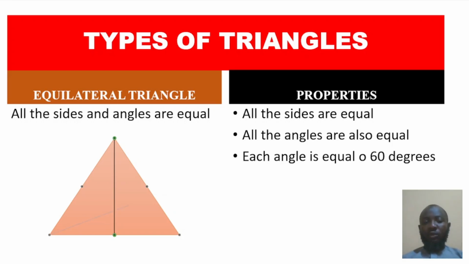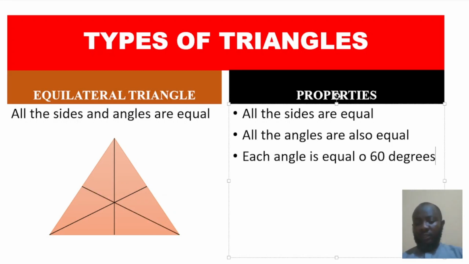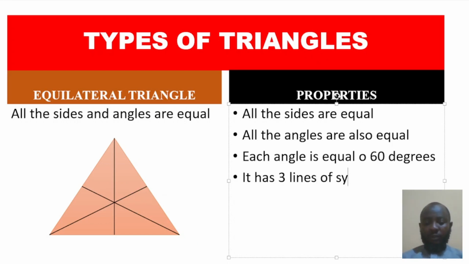Because all the sides are equal, automatically it will have 3 lines of what? Symmetry. So it has 3 lines of symmetry. I hope that is clear.